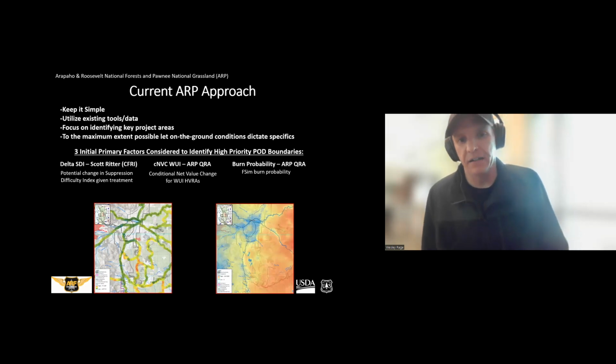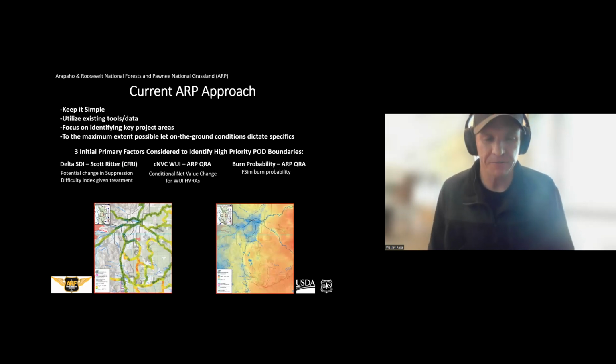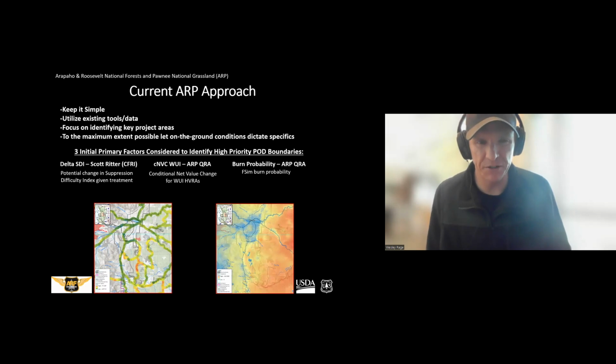Knowing that, and given my previous experience doing a similar assessment, and since I knew the data that we have in the QRA, there's a lot of it available. There are 3 key factors that I chose that I believe capture most of the key information. The idea is that I want to keep it simple.